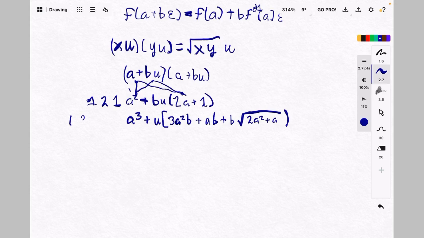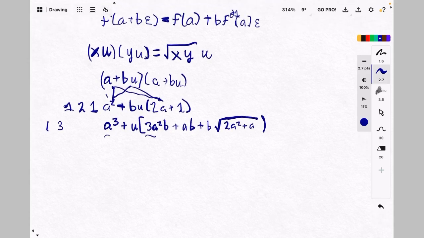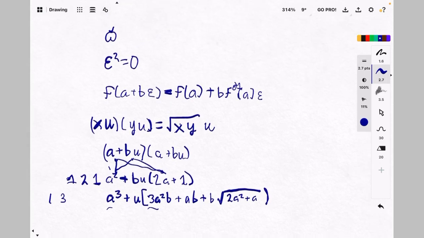Thank you. 1 from here, 3 from here, and then I was looking for the next 3 and 1, but I couldn't really find it. So I kind of hit a roadblock, and then I realized, well, I don't have to make this system commutative.